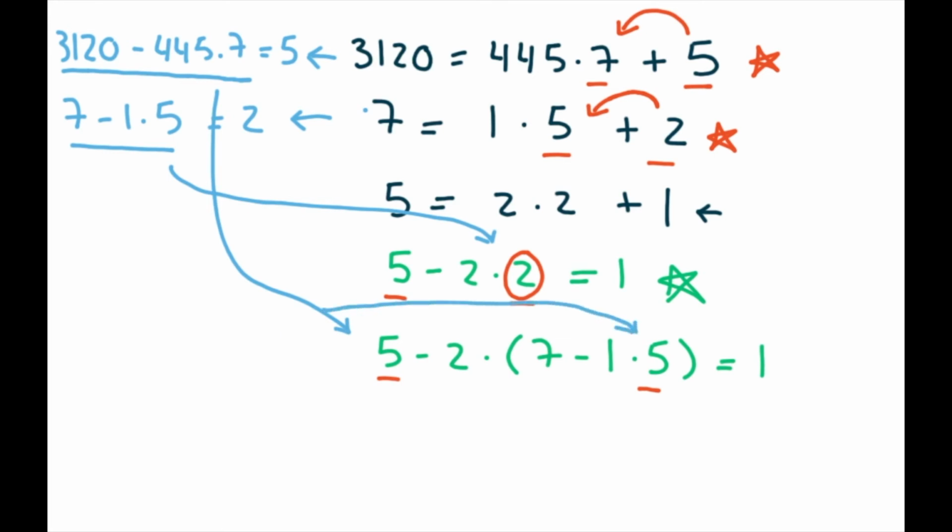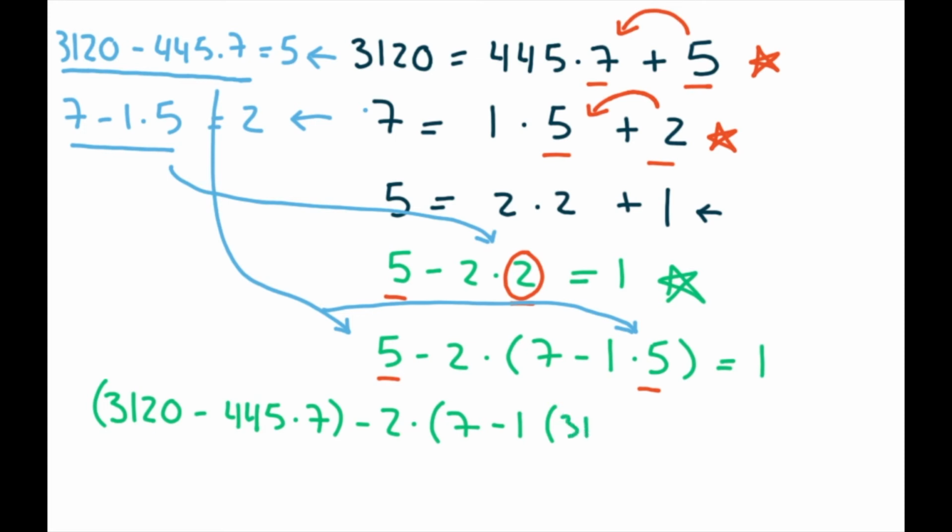So I'm ultimately going to end up with 3,120 minus 445 times 7 minus 2 times 7 minus 1 times 3,120 minus 445 times 7, close parentheses again, is equal to 1.